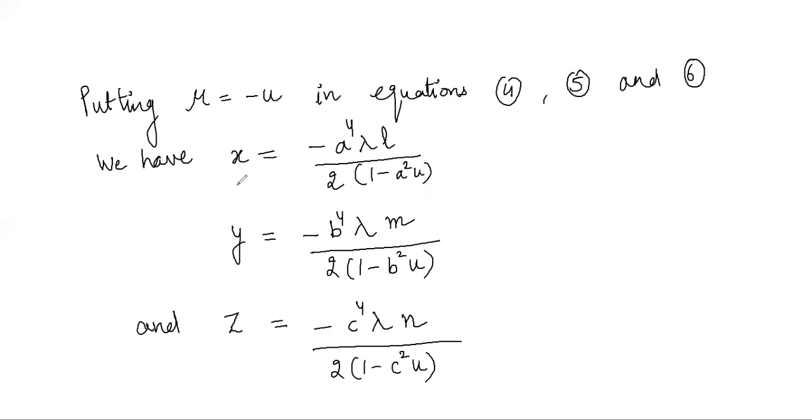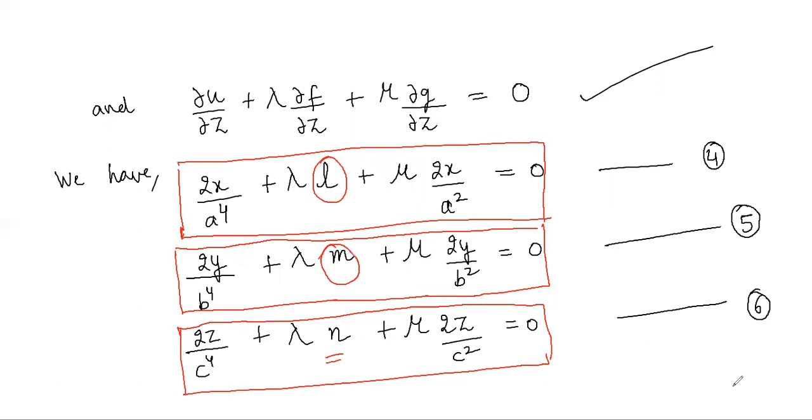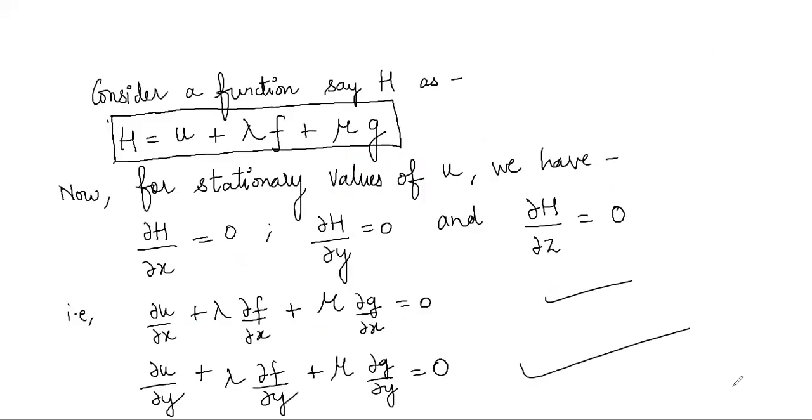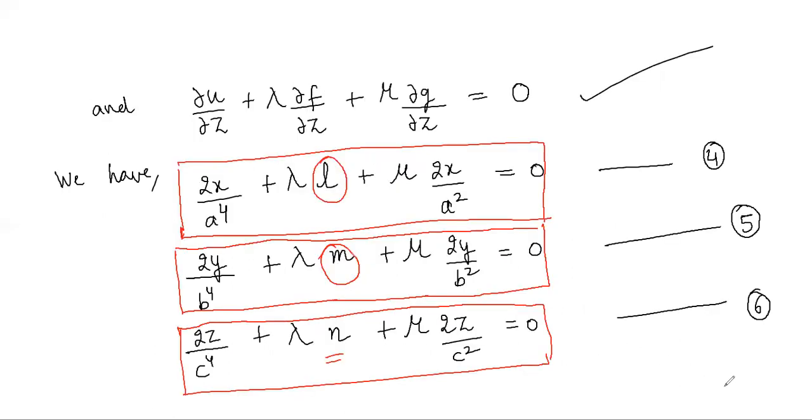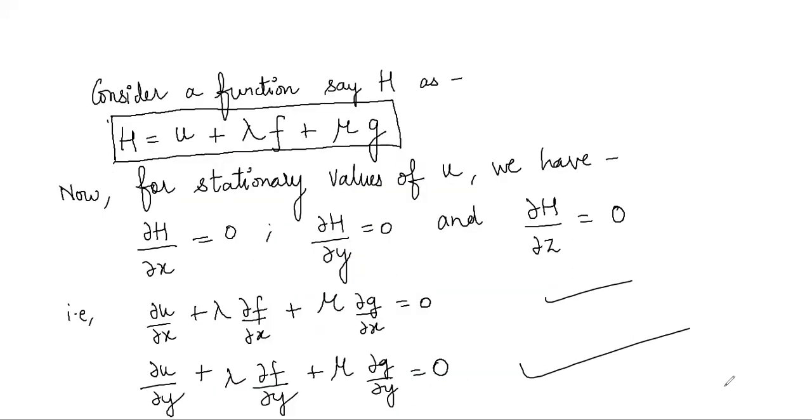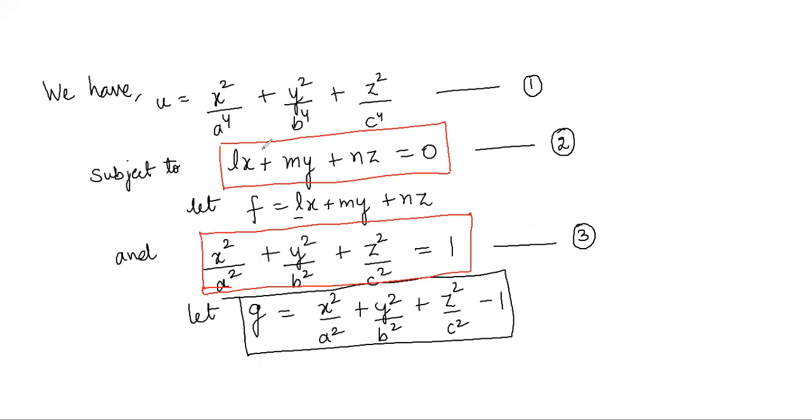If we use this x, y and z in equation 2. Why we are using this equation 2? Because here right hand side is 0, and it is simpler one, lx plus my plus nz, because now we have x, y and z with us.